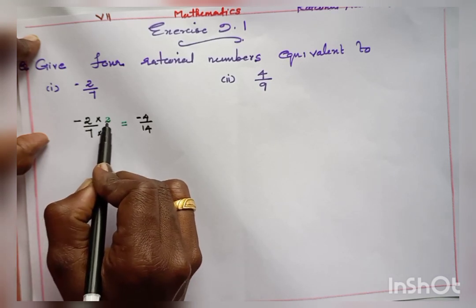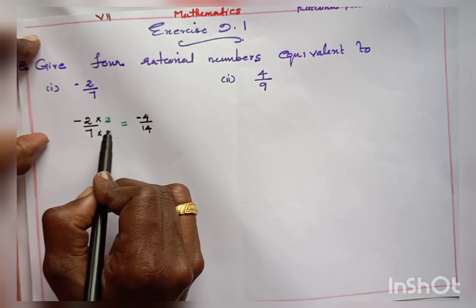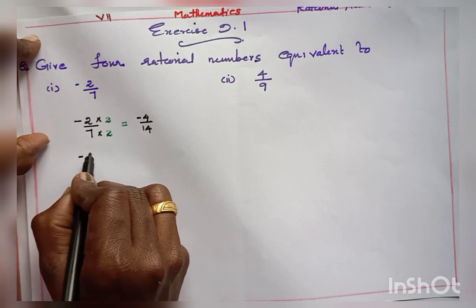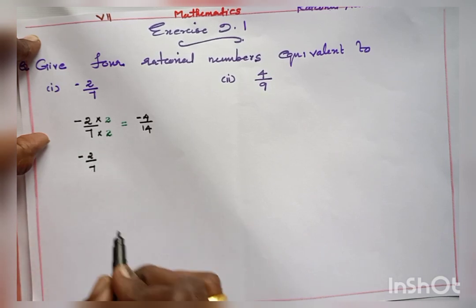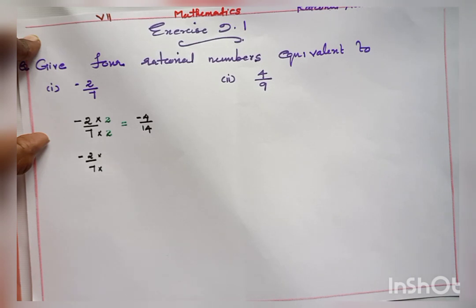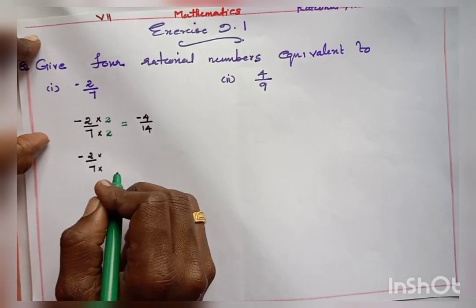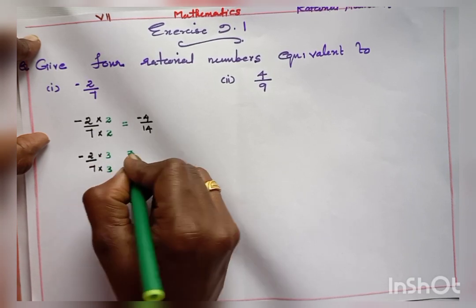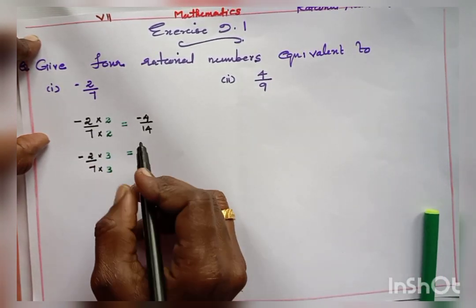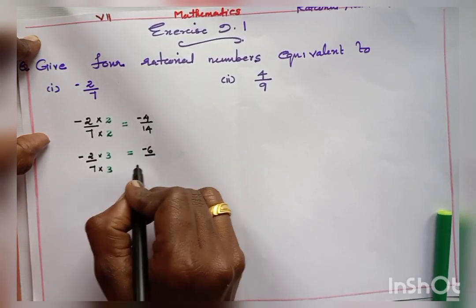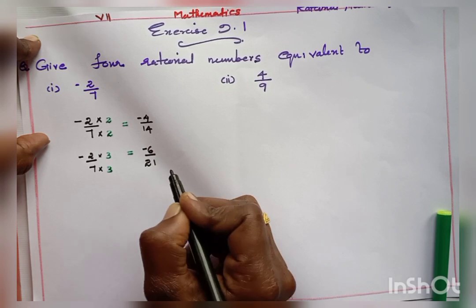Multiply by one non-zero integer, here 2. Then minus 2 by 7, multiply both numerator and denominator by another integer. We can multiply by a negative number or a positive number. Multiply by 3, we get minus 2 into 3, minus 6, by 7 into 3, 21.